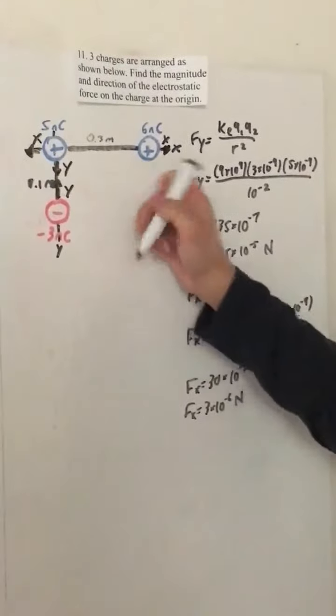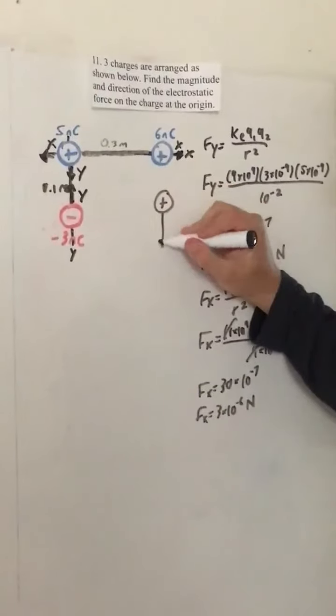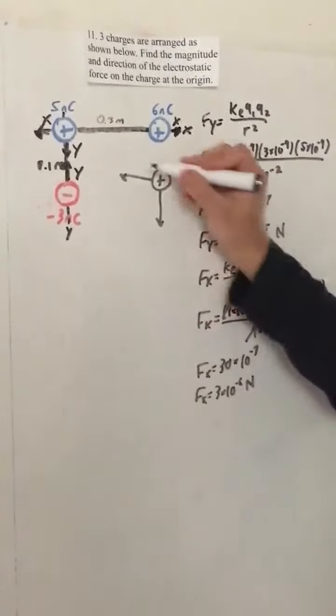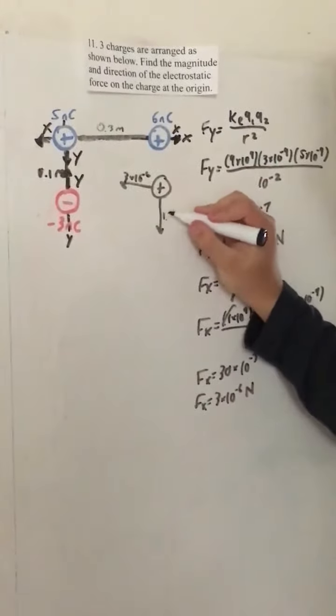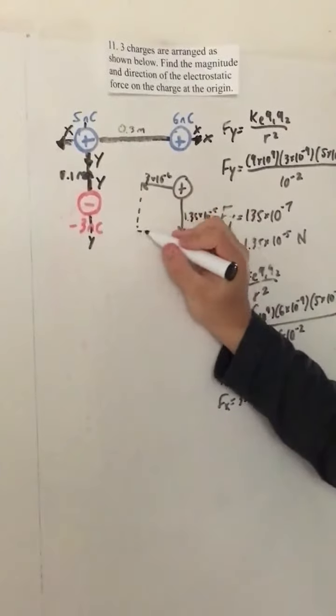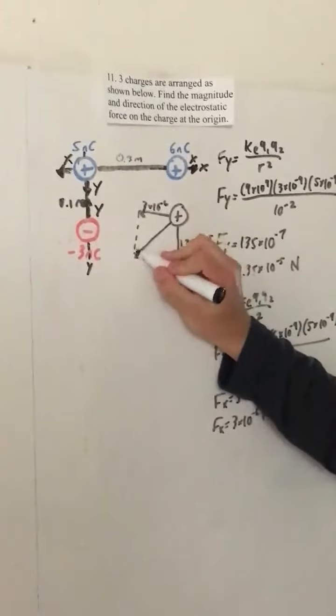So now let's take the charge at the origin and basically construct a diagram from this. First we have our forces. This is 3 times 10 to the minus 6, and this is 1.35 times 10 to the minus 5th. We just construct this into a square, and we draw the diagonal.